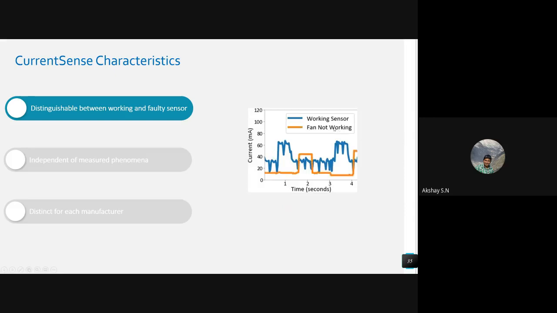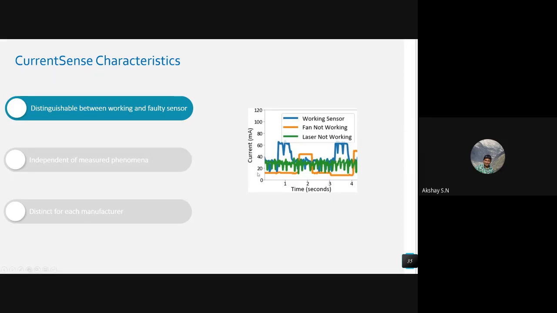Now, imagine the fan has gone faulty. Now the current consumption has dropped down to less than 20 as opposed to 40, which clearly says that there is a fan fault. But there is still a spike which indicates the LED is working correctly. Assume the LED is faulty, that is the green one. You can see that there are no more spikes in the data, which indicates the LED is faulty.